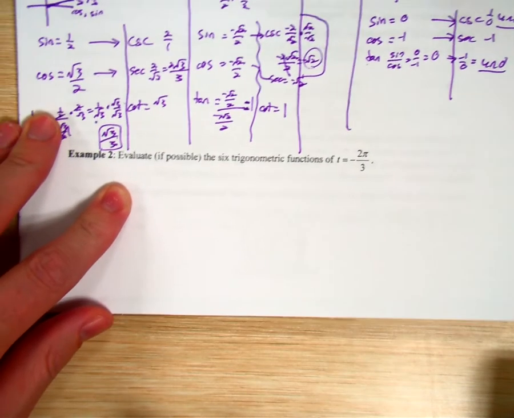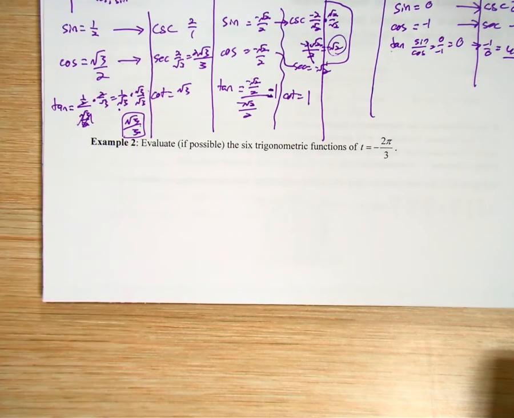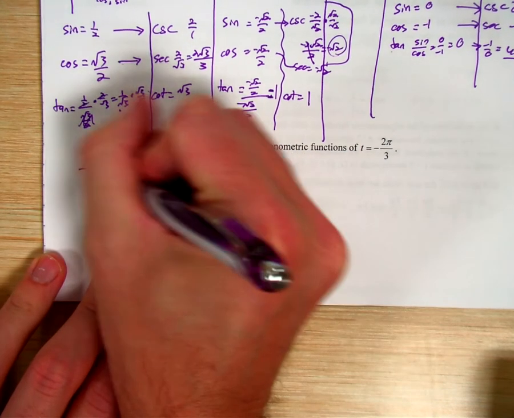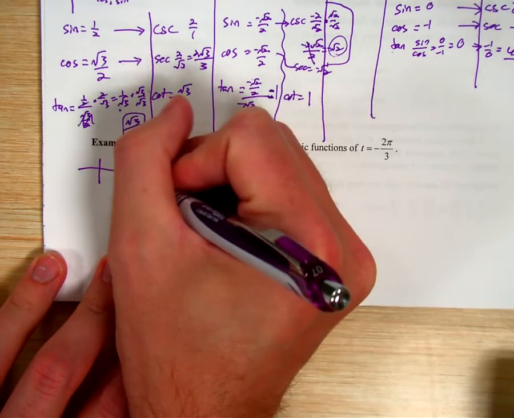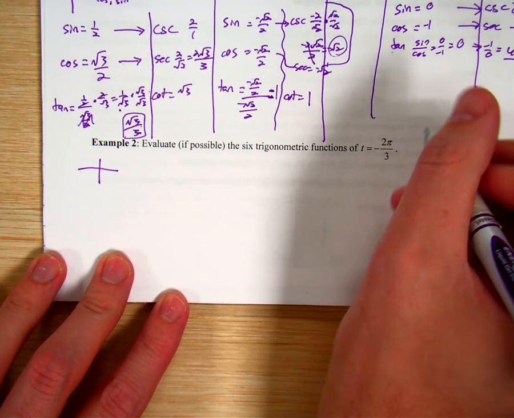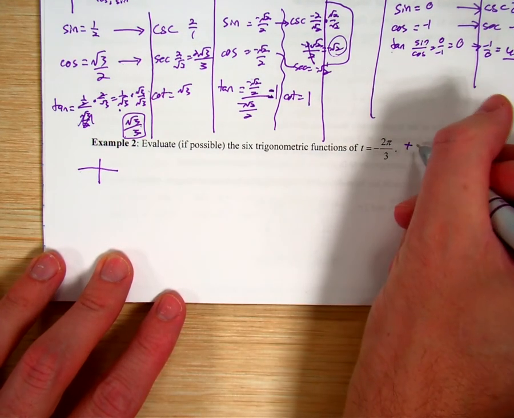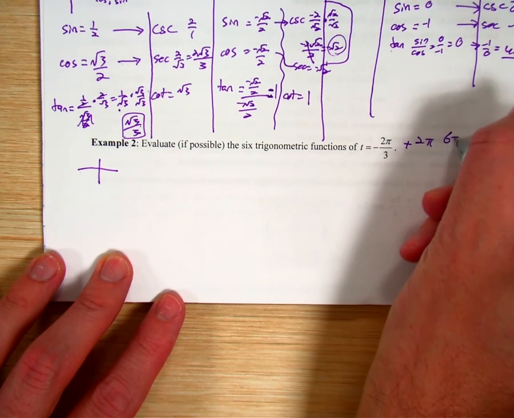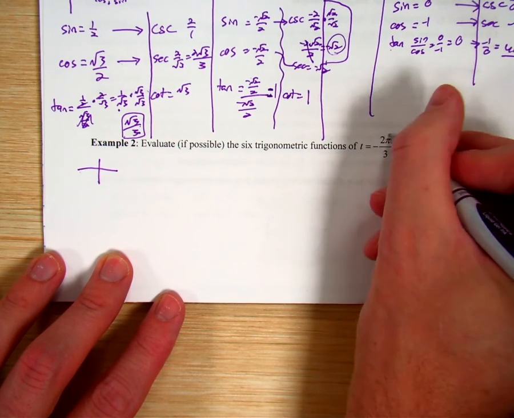Example 2. -2 pi over 3. So remember that negative, you're just going to spin the opposite way. So -2 pi over 3. If the negative's messing you up, you can just add plus 2 pi, or that would be 6 pi over 3.